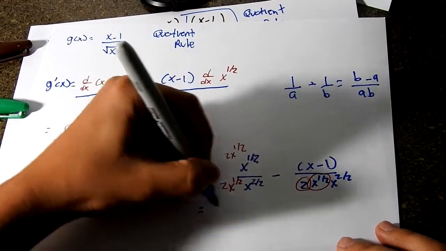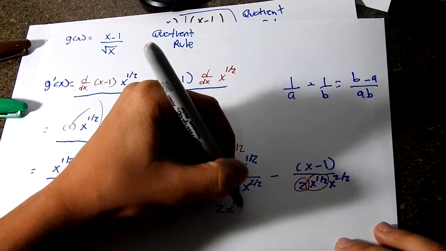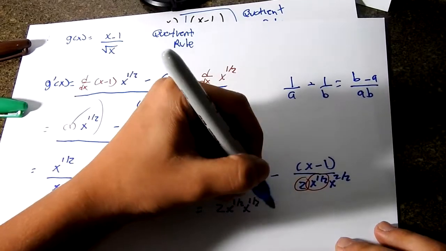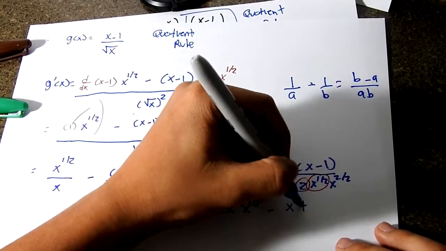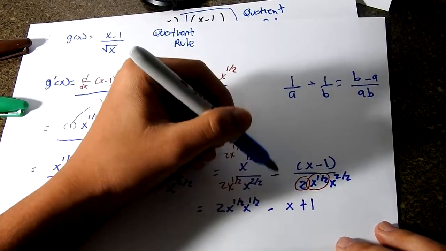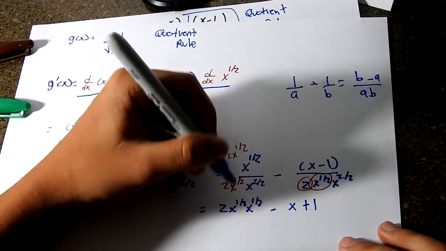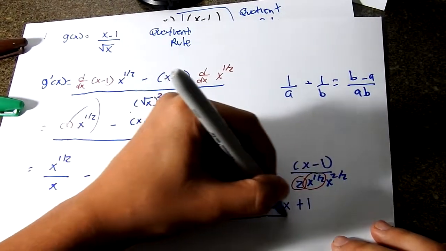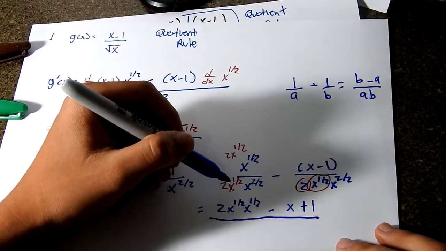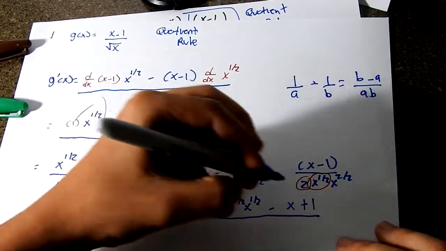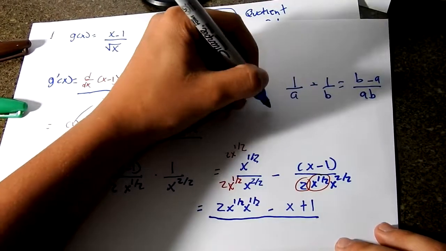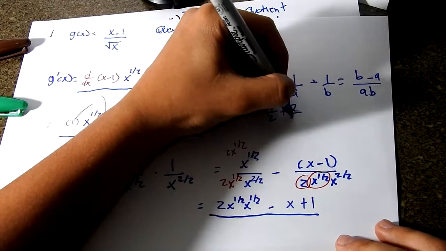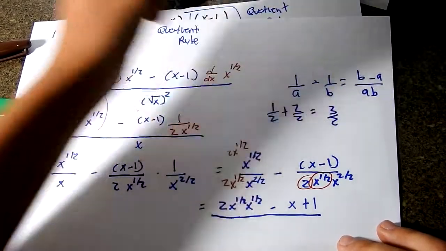So we're going to have 2x to the 1/2 times x to the 1/2, minus x plus 1. This negative is affecting these things. And then we have over 2x to the 3/2, because 1/2 plus 2/2 is 3/2.